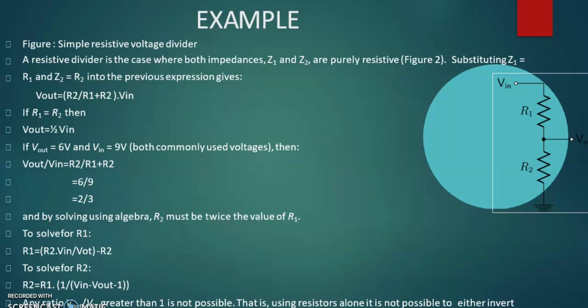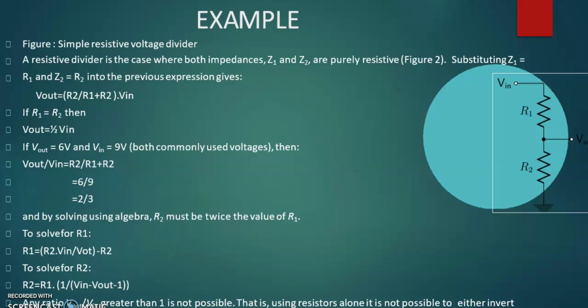So from the given expression, we get Vout as R2 upon R1 plus R2 into Vin. If we take R1 and R2 to be equal, then our Vout would be half of Vin, which is nothing but the voltage divided across two equal resistances. It will also give you two equal voltages.